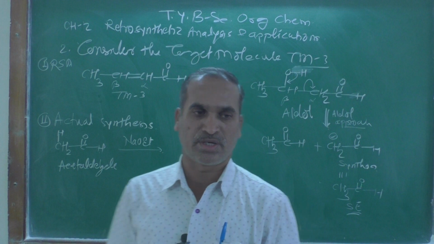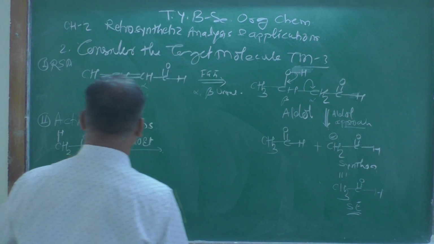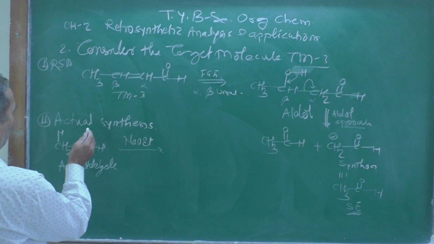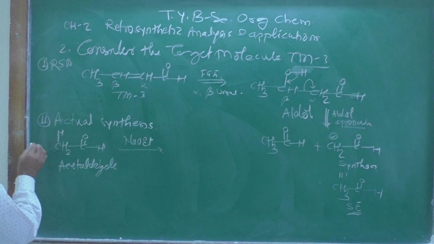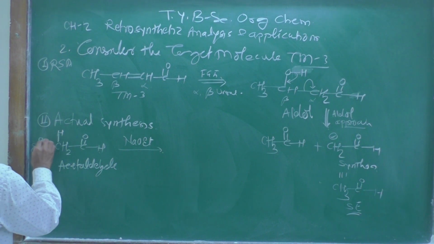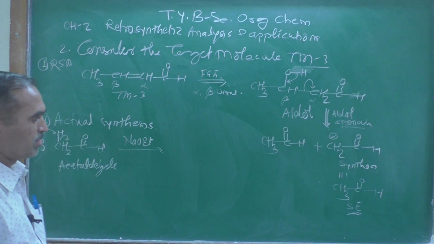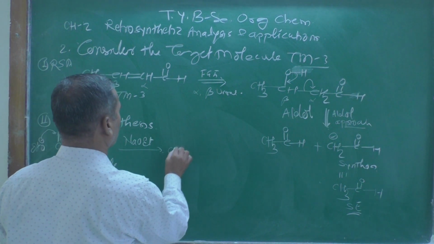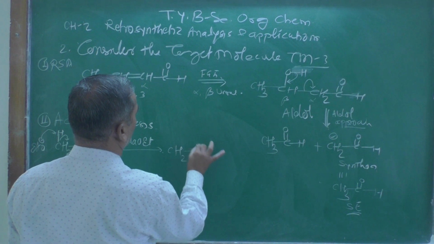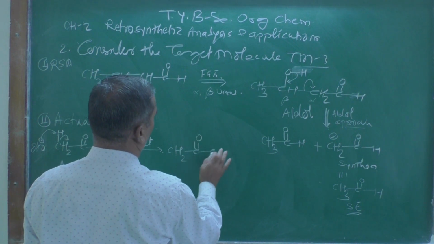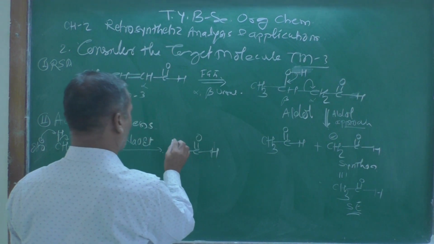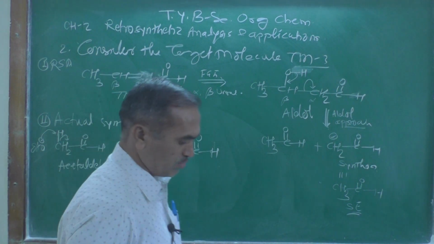Here I am writing EtO minus, which will abstract the proton and form a carbanion. Now here I get CH2, C double bond O, and on this carbon I put a negative charge.